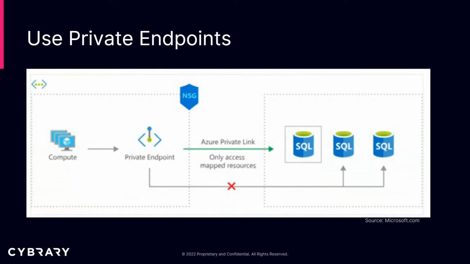So even between your clients in your VNet, you can use a private link and only use mapped resources instead of using all the resources within the resource group. As you can see in the diagram, if we don't want to give access to, let's say, all the SQL backends, maybe we are creating access to only one SQL backend.